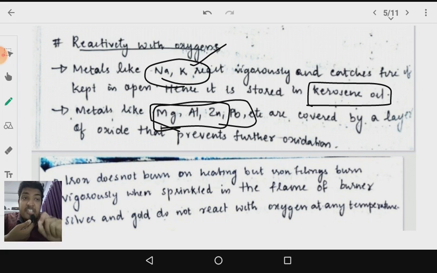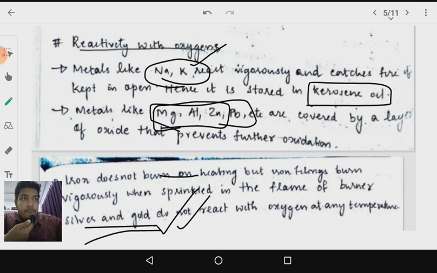Whereas iron does not burn on heating. If you put iron filings on the flame of a burner, then they will burn vigorously. But iron as a whole does not burn on heating. And silver and gold do not react with oxygen at any temperature. So that is the exceptional case. We have some elements which do not react with oxygen at room temperature or any other temperature, that is silver and gold.